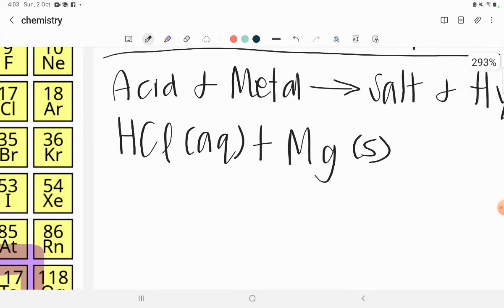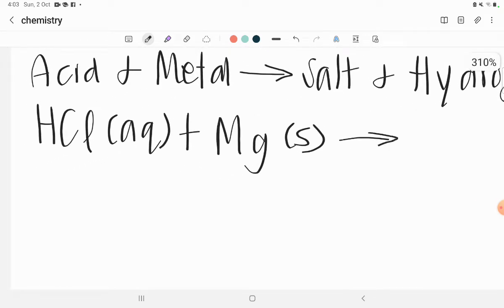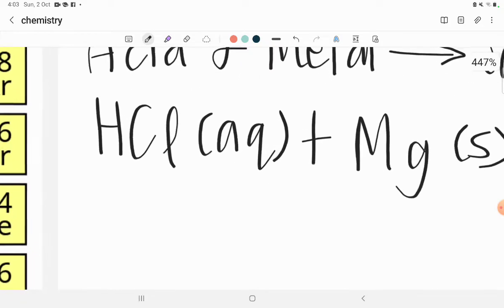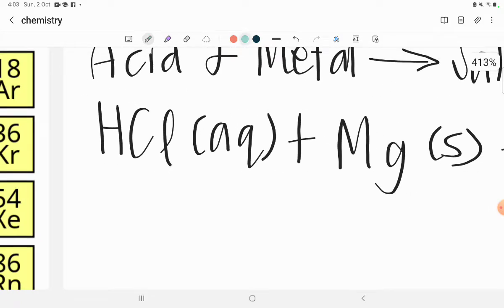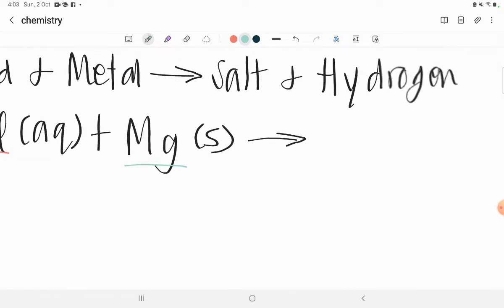Before we find the salt, let's take a look at the elements or atoms in this reaction. We have hydrogen, chlorine, and magnesium.